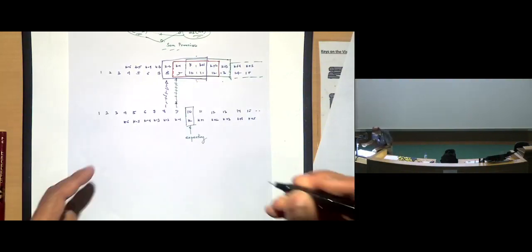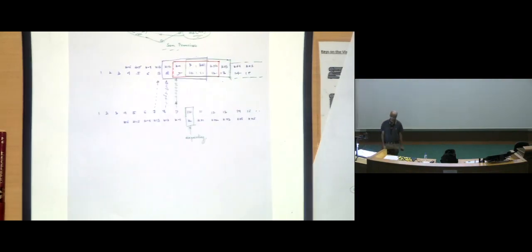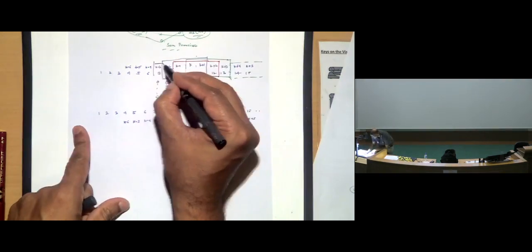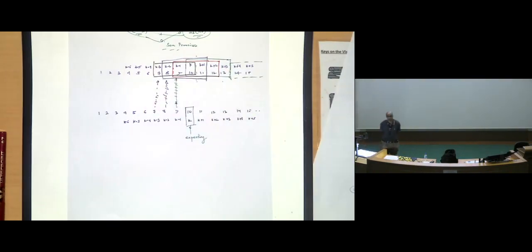How about k minus 3? Am I sure that the acknowledgement has been received? We don't know yet. Maybe, maybe not. If it has not been received, then my window starts at k minus 3 and goes up to k.